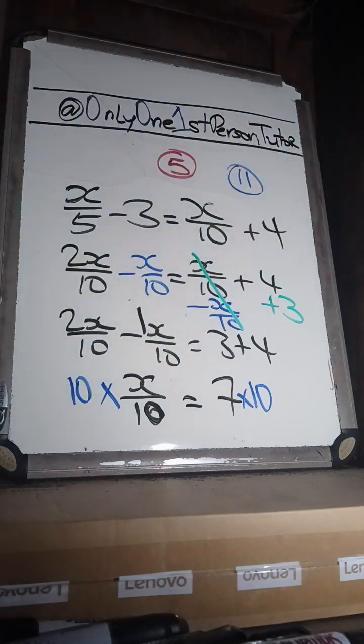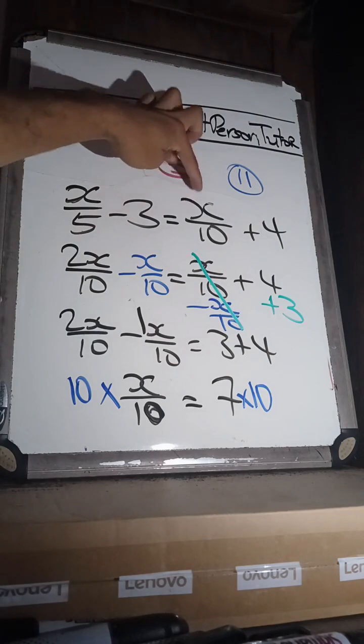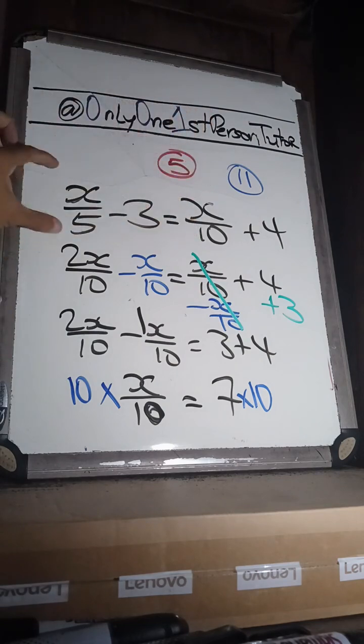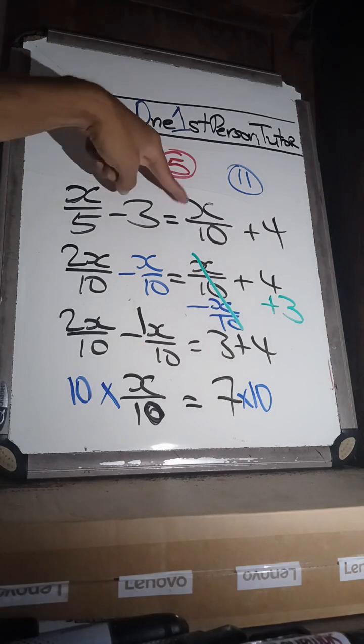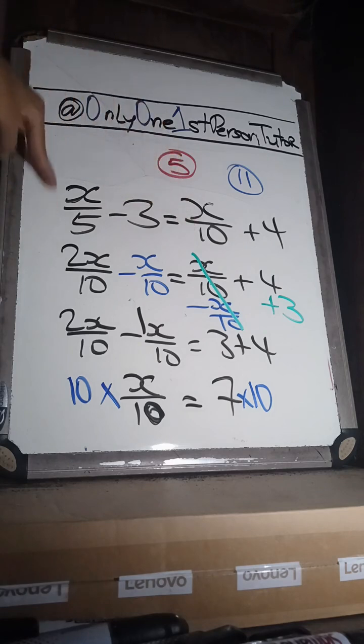Alright. Now, this was what? 7 plus 7, right? Because if I multiply this by 2, 2 over 10 is the same as what? 1 over 5. Right?